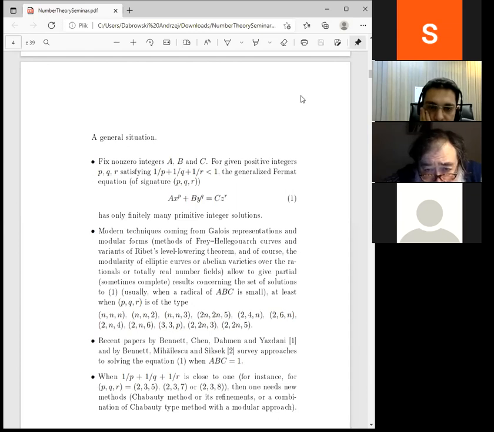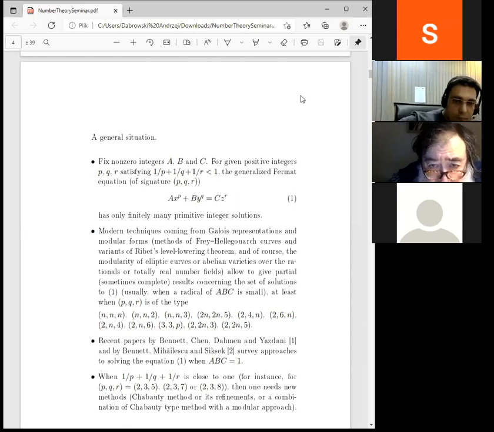We can apply it, but we can find all the solutions only for a very limited number of signatures, and usually only when the product ABC is small, or the radical of the product is small.